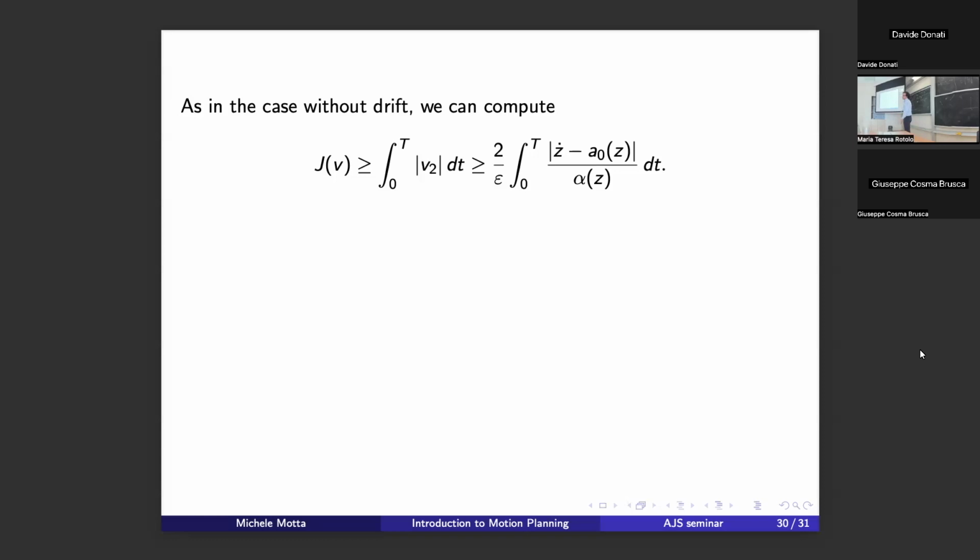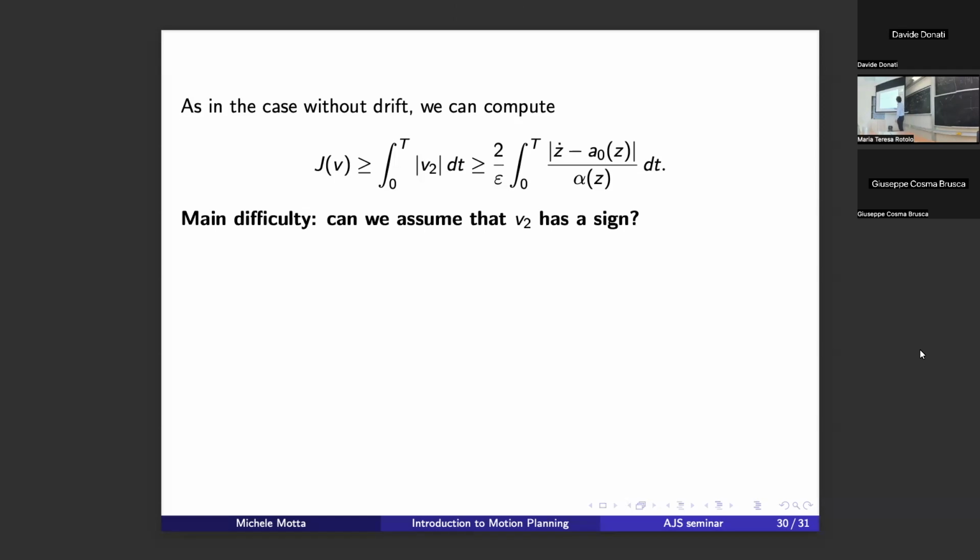So in general, we don't know if this numerator is still positive or not. And so this is the main difficulty. So we want to determine if this control must have a sign in order to be minimized or almost minimized. And the answer is yes, this control has a sign.